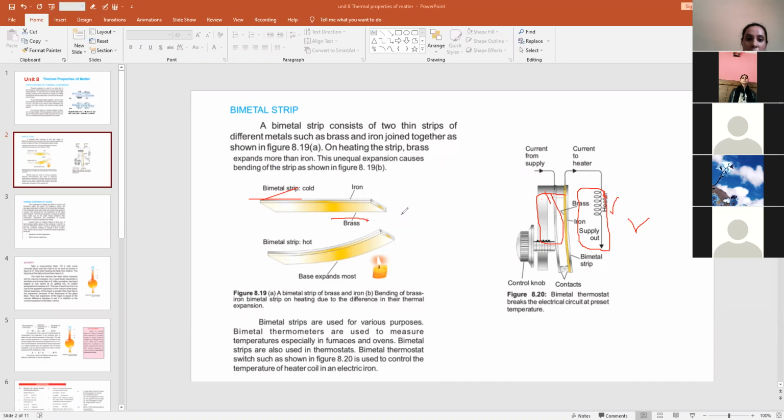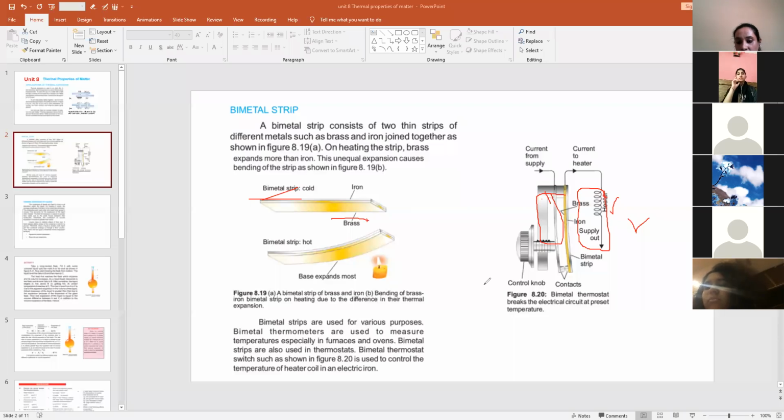Normally you use this bimetal strip in your electric iron that you use to press clothes, right? When you switch on the electric iron and the temperature exceeds the set level, the brass metal will expand and the switch will be off.